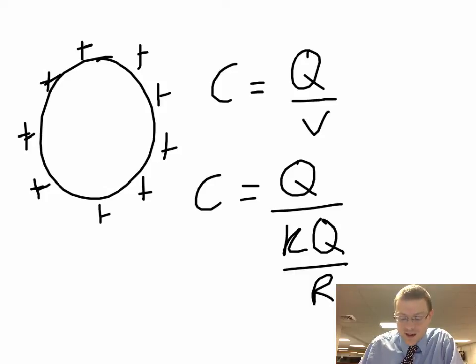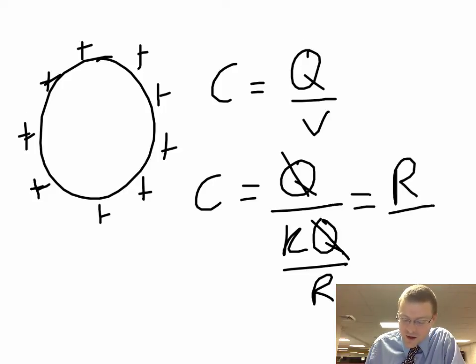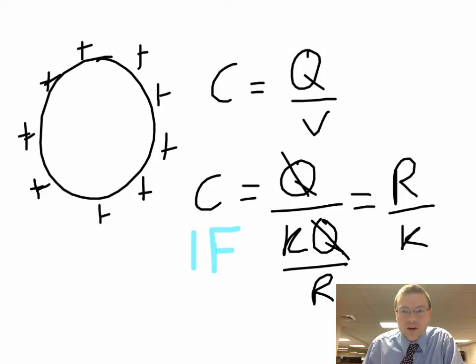Well, if you look at that, there's charge in both places, and we can knock out the Q, which means the capacitance of just a single sphere isolated from the ground would be the ratio of its radius over the Coulomb constant. So if I wanted a capacitor that had 1 farad of capacitance, I could put 1 in for my farad. I know my Coulomb constant, 8.99 times 10 to the 9th.